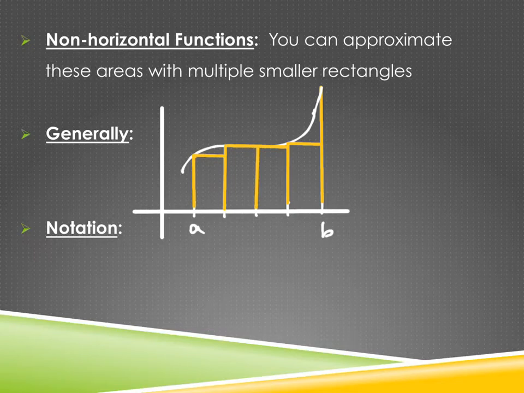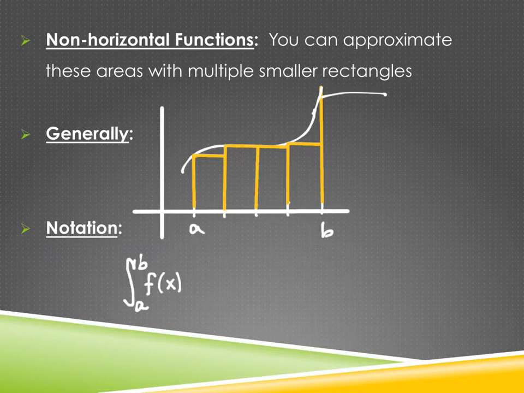So the notation for what we're doing, a starting point and an ending point and finding this area under the curve, looks like this. It's got this sort of long script S. It has the numbers A and B, the starting point and the ending point, at the top and the bottom of the script S. We put the function name, whatever it is. I'll call it f of x for this one.